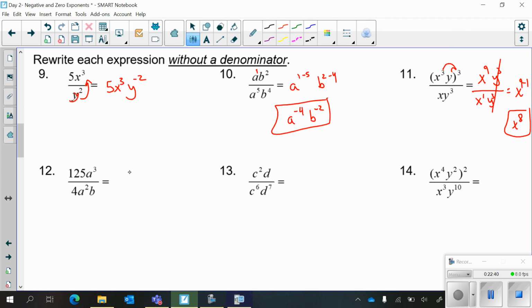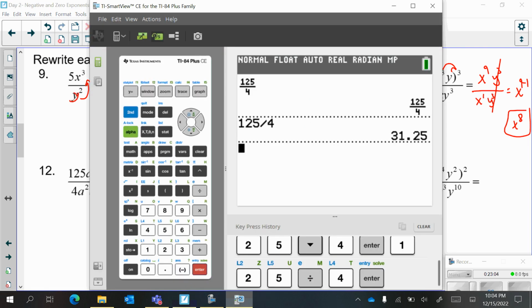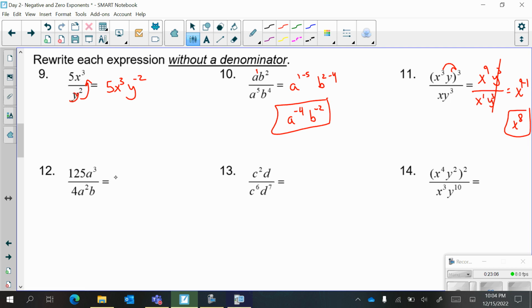If you can't simplify the fractions, let it be. But oh, it said to write it without a denominator. Interesting. I guess if it says to write it without a denominator, then you really would have to write it as a decimal. So the decimal is 31.25. We don't typically do that, but I guess we're going to do it now.